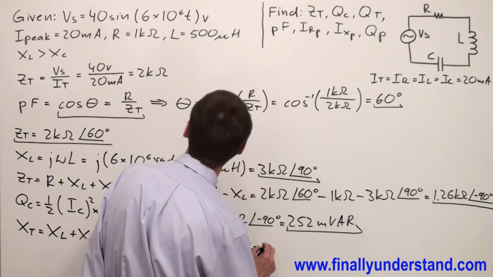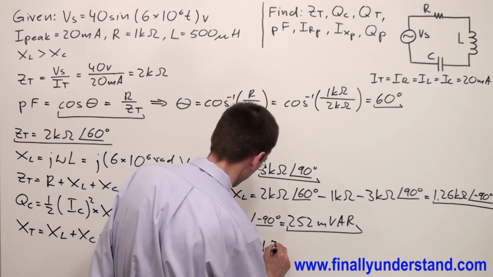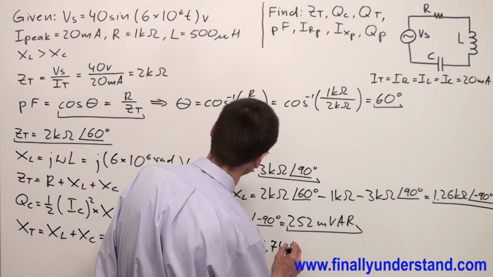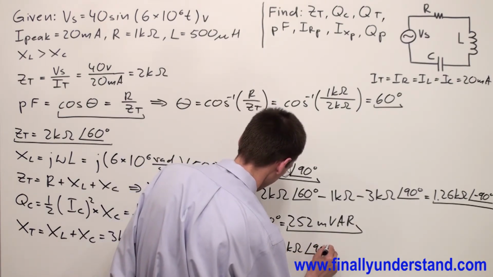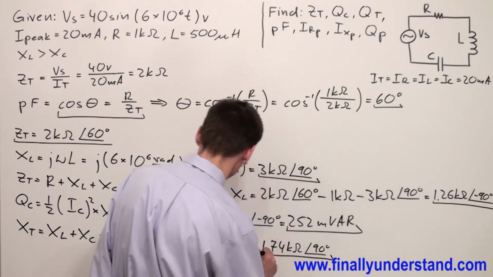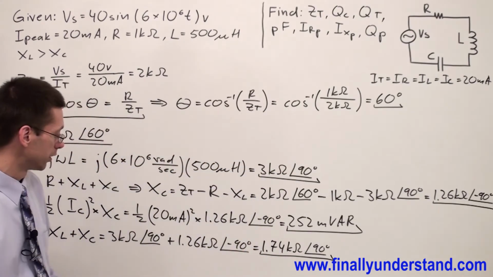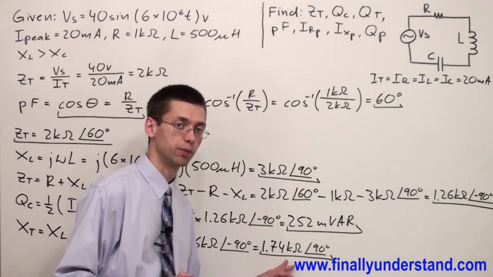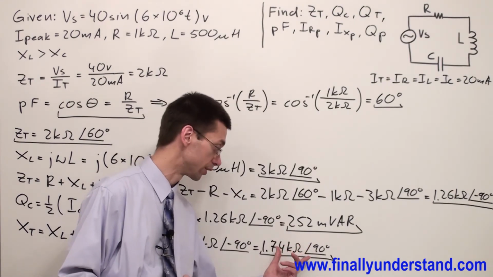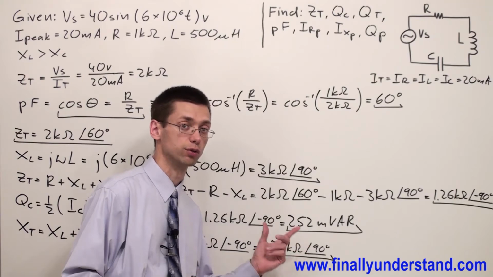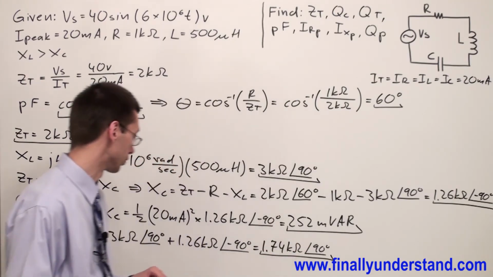This is equal to 1.74 kiloohms, an angle of 90 degrees. So this is the total reactance in my circuit. Please notice that we have an angle of 90 degrees. So it means that the inductor is going to take over the capacitor.